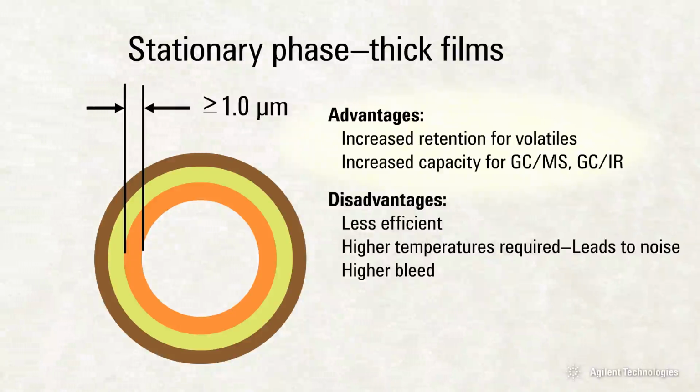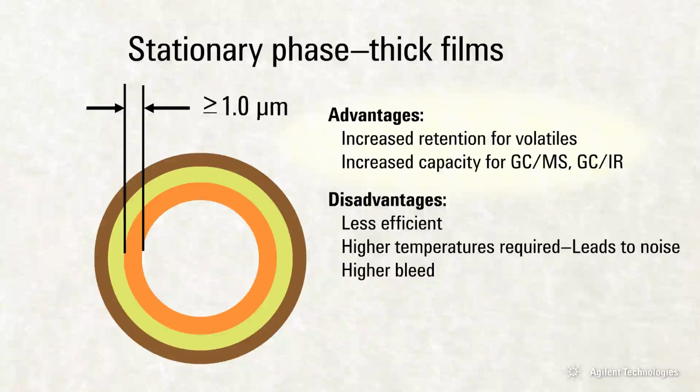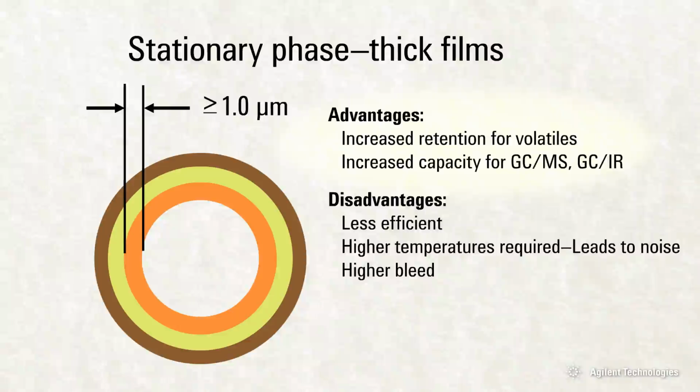Thick films are often employed in headspace applications due to the high volatility of the analytes. Thick films can also aid in increasing the sample capacity of the column. If you need to inject a more concentrated sample, you may consider a thicker film.